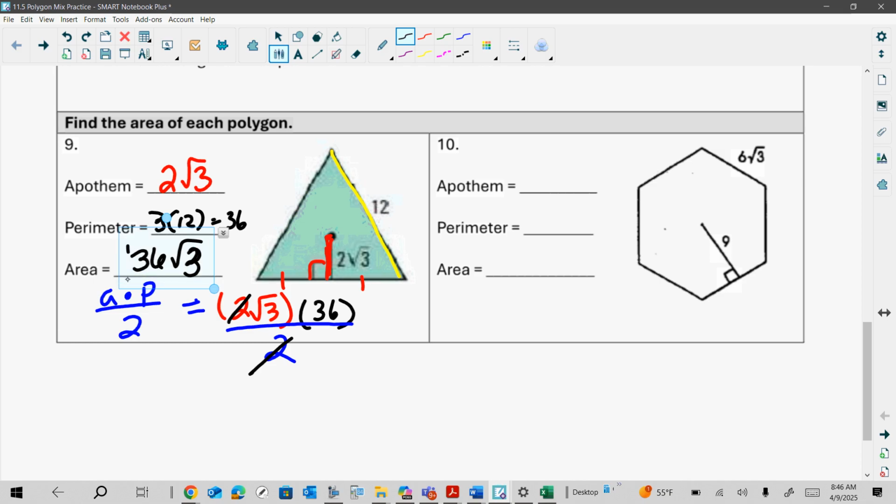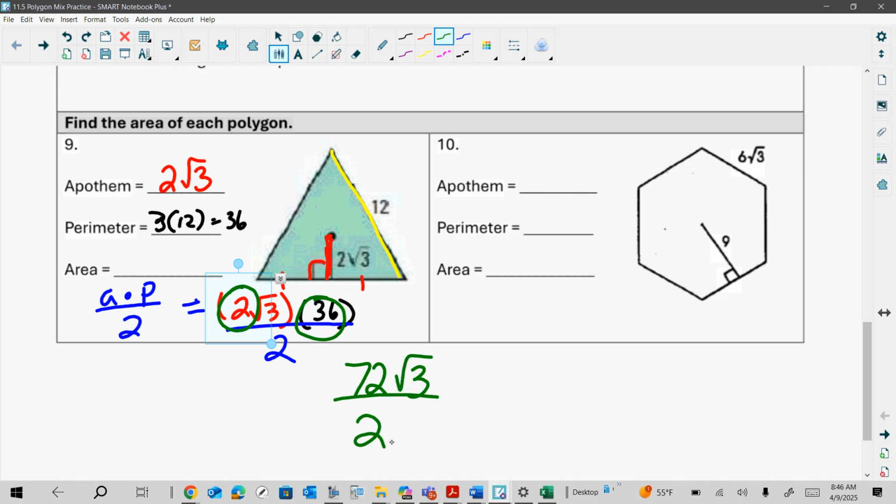This is a radical answer. If you didn't simplify like that and multiplied 2 times 36, that's 72 root 3, but then you still have to take half of that, which gives the same answer, because half of 72 is 36, and you leave your radical. You can't take half of radicals. You can only divide radicals by another radical.